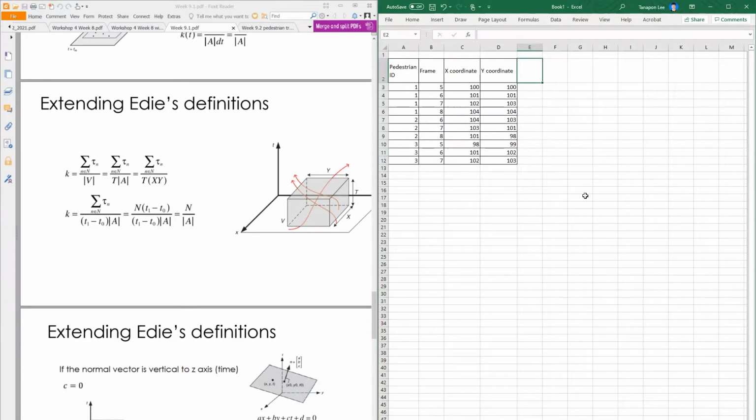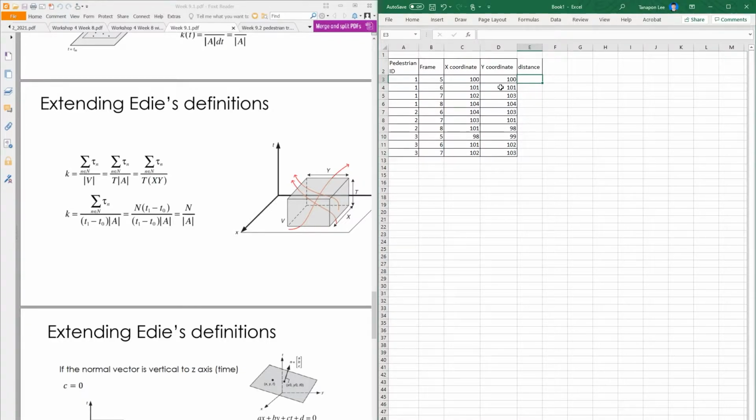So what we can do here is calculate the distance that people travel for each time period. Obviously from 5 to 6, we start from 5, so just ignore the first frame. We start from this frame 6.